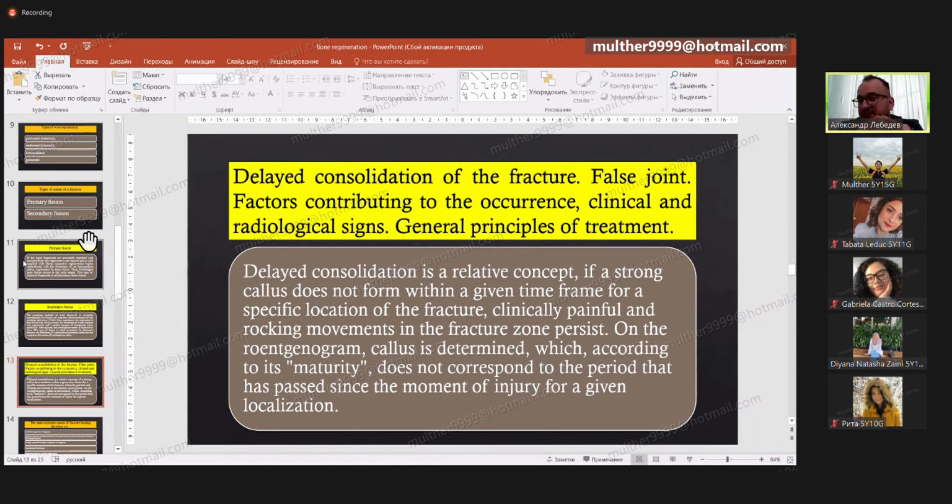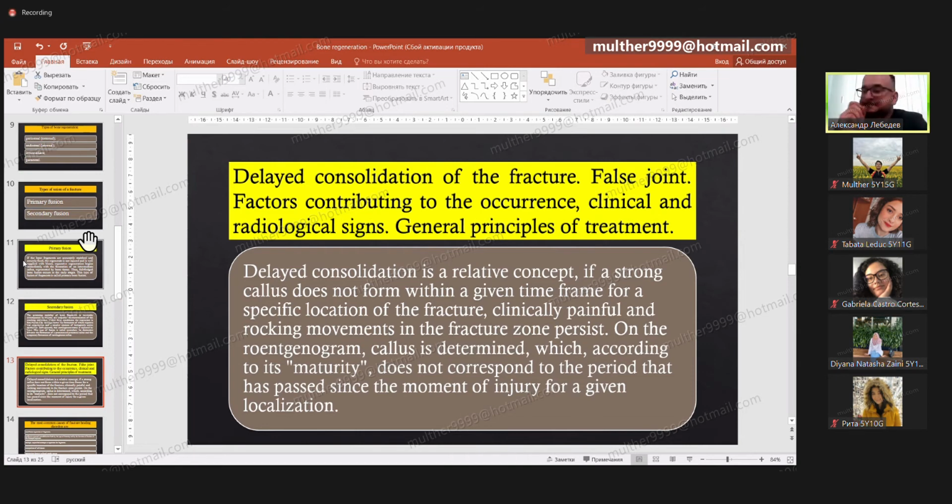What is it, first of all? After 3 months, what do you want to see? You must not see any line of the fracture. If on a control X-ray after 3 months you see the line of the fracture, what's happening? Sorry, you don't see the full union of the fracture, you don't see total consolidation. That's why it's a malunion. Why do we name it malunion, and how much time can we name this condition malunion?